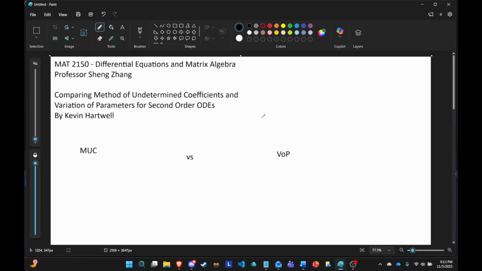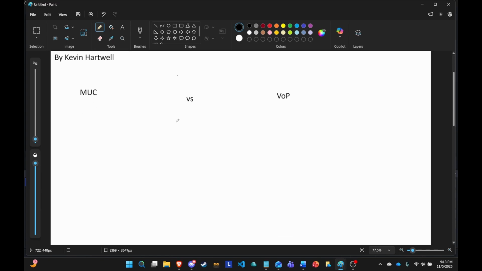So, to start us off, I want to talk about what these two methods have in common. We know that a second order differential equation is going to take the form ay double prime plus by prime plus cy, and that's going to equal a function of x.